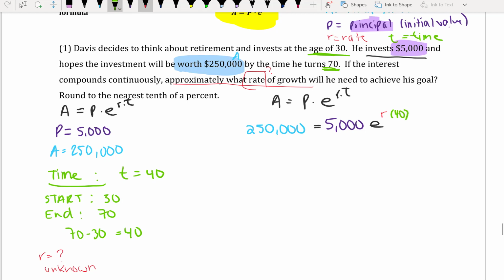So what I'm going to do here is divide both sides by 5,000. So then I really just have 250 divided by 5 is equal to e to the 40 times R, okay? And so when you do this in your calculator, 250 divided by 5 gives you 50.